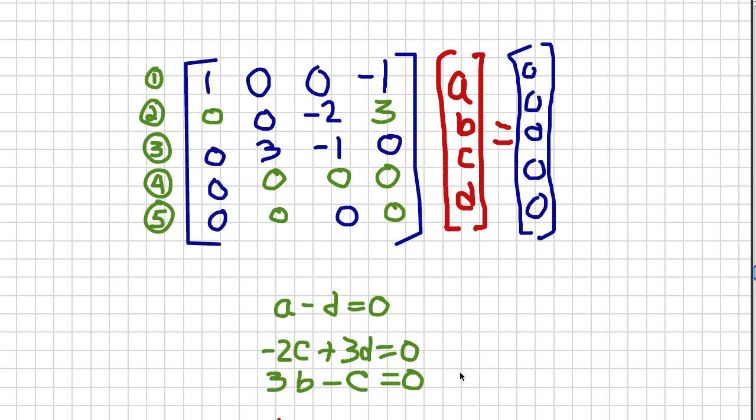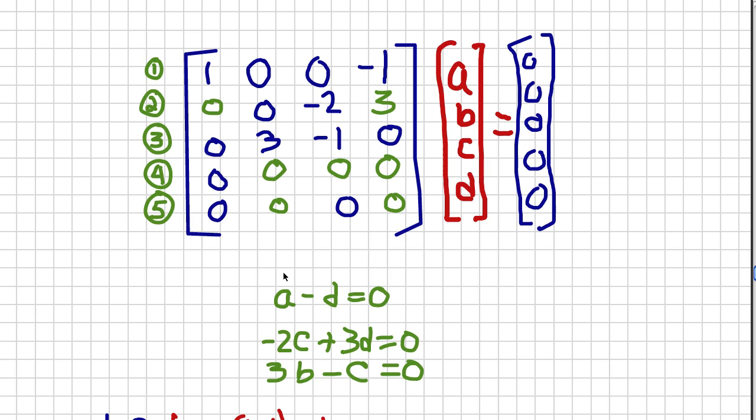These are now the three simplified equations for my unknowns A, B, C, and D. I need to solve these for integer values, and as I've said before, I want the smallest non-negative integer values for A, B, C, and D.